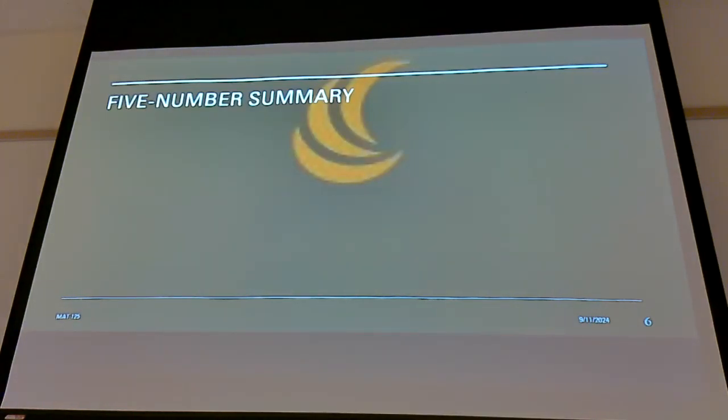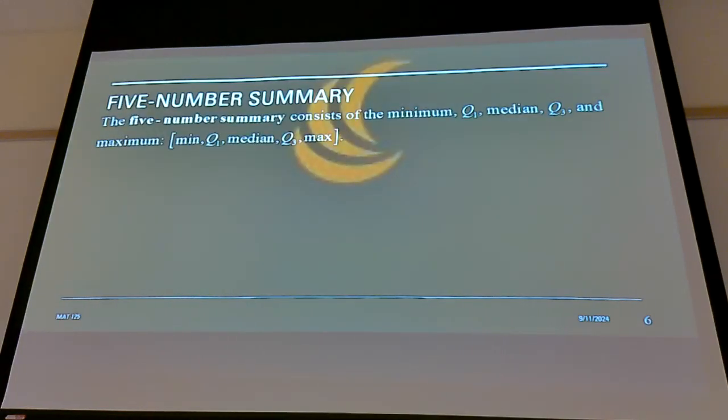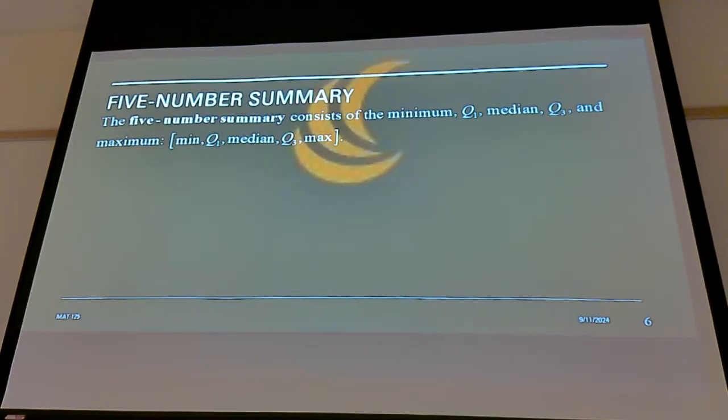Five-number summary. Use the summary a lot. Five-number summary is the minimum, Q1, Q2, Q3, and the maximum. So the 0th percentile, the 25th, the 50th, the 75th, and the 100th.